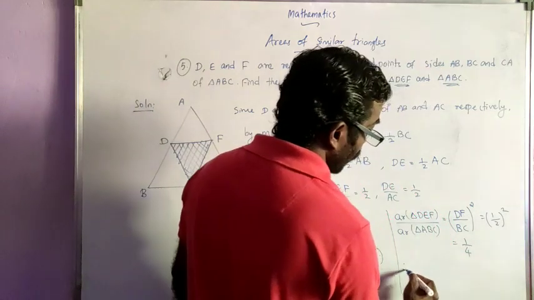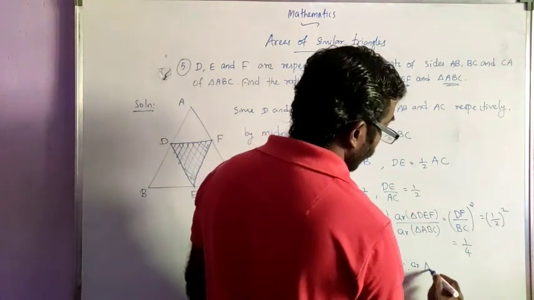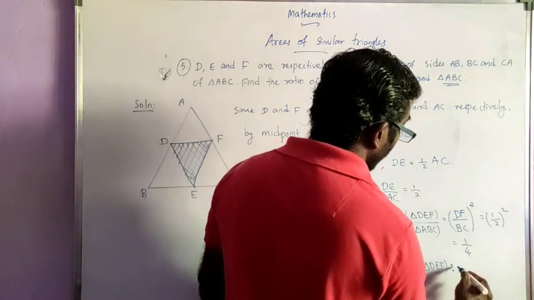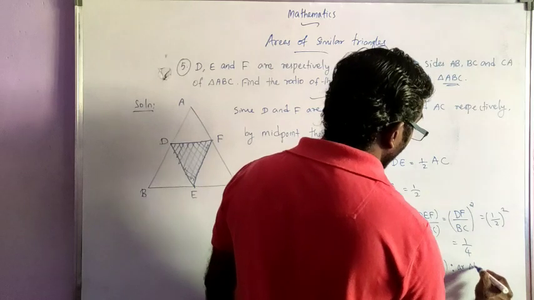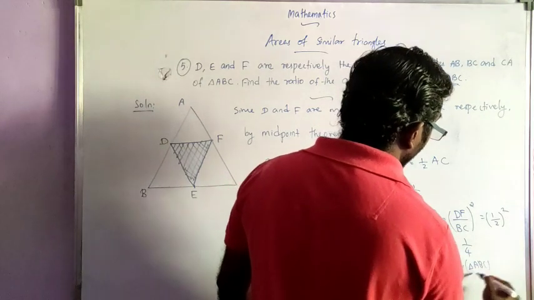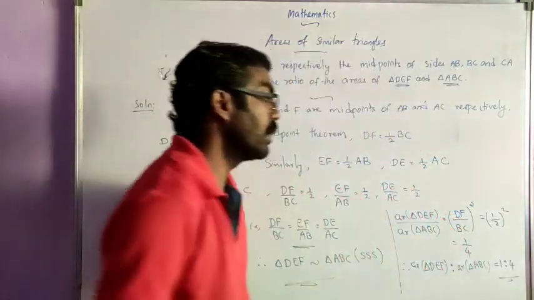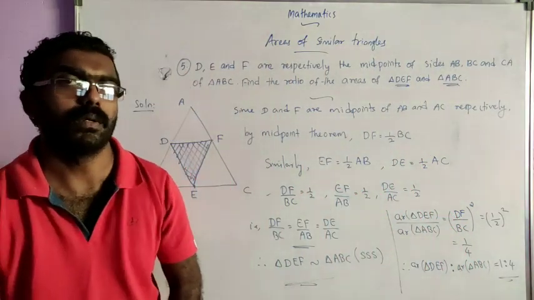Therefore, the ratio of area of triangle DEF to area of triangle ABC will be 1:4. The required ratio will be 1:4. Understood?